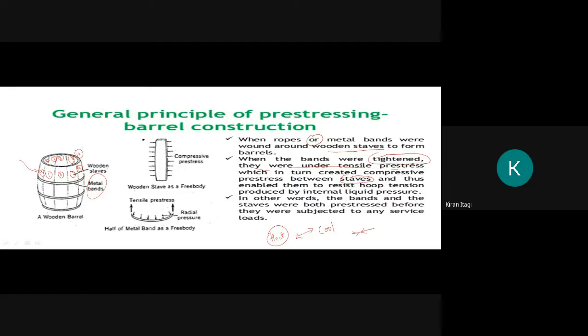So whenever you apply this steel band over the staves, some tensions are created. In other words, the bands and the staves were both pre-stressed before they were subjected to any service loads.